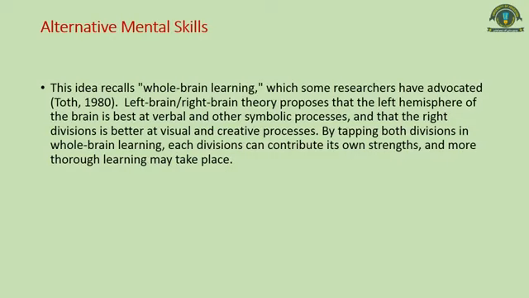Tapping these abilities with illustrations may reinforce learning in ways that verbal learning alone would not. This idea recalls whole brain learning, which some researchers have advocated. Left brain and right brain theory proposes that the left division of the brain is best at verbal and other symbolic processes, and that the right division is better at visual and creative processes.